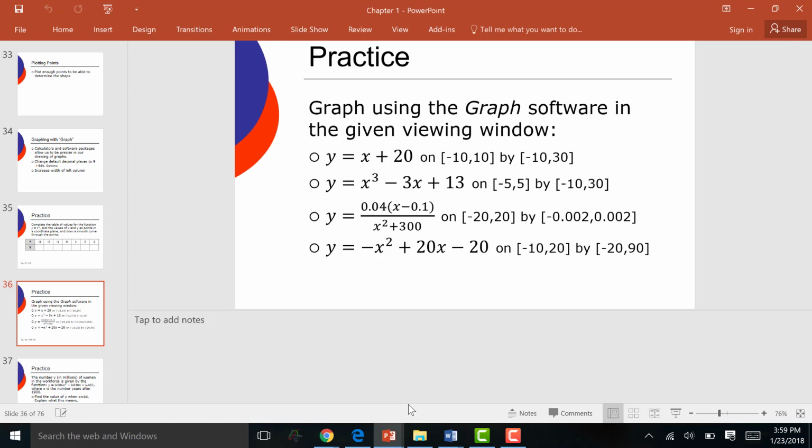Okay, click on it. Yep, change those numbers. You put in negative 10 to positive 10.